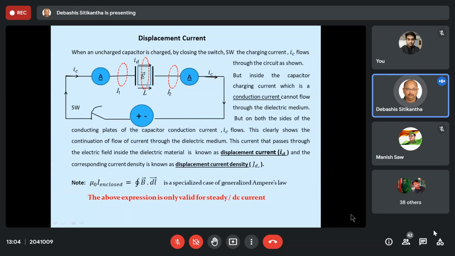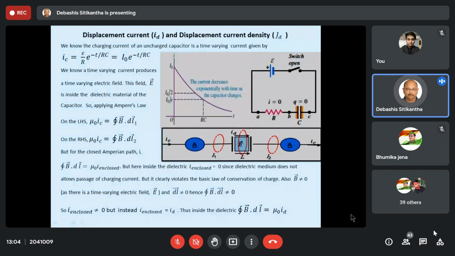For example, in the RC circuit, initially the current is very high and slowly starts decreasing. Similarly, the voltage across the capacitor will start building up.